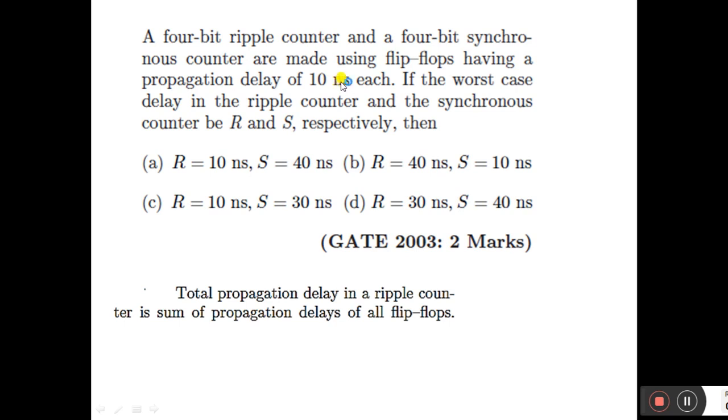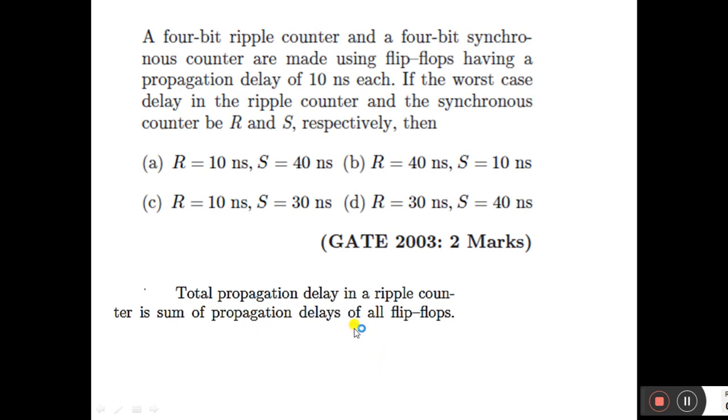Now R equal to 40 nanosecond. So by checking the given options, option B is correct. No need to check the S value because R equal to 40 nanosecond is available in option B only.